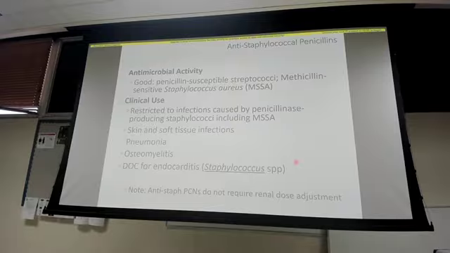Your SSTIs, pneumonia, and osteomyelitis, which is any type of infection that they could potentially be having in the bone. If I can get to that, because remember I had good penetration with these into the bone, I can still use my anti-staph. And then your drug of choice, again, we have another one where we're looking at our endocarditis that is now caused by our staph, okay?